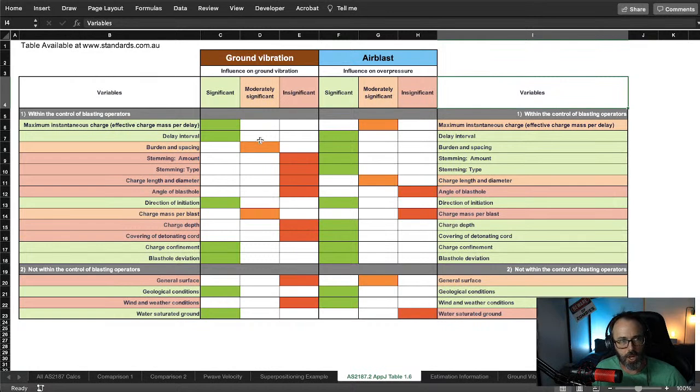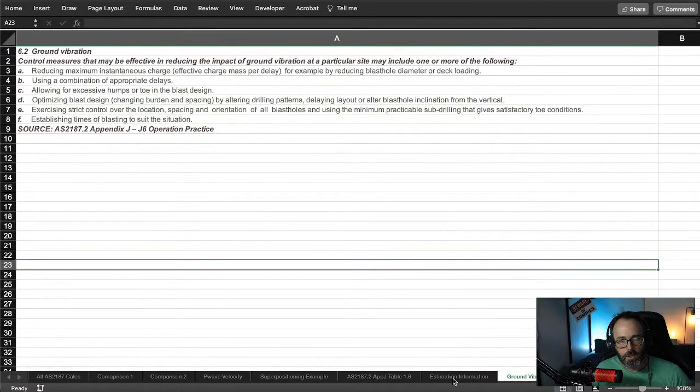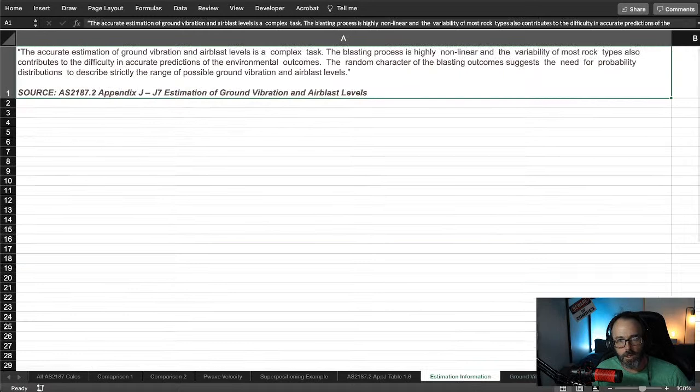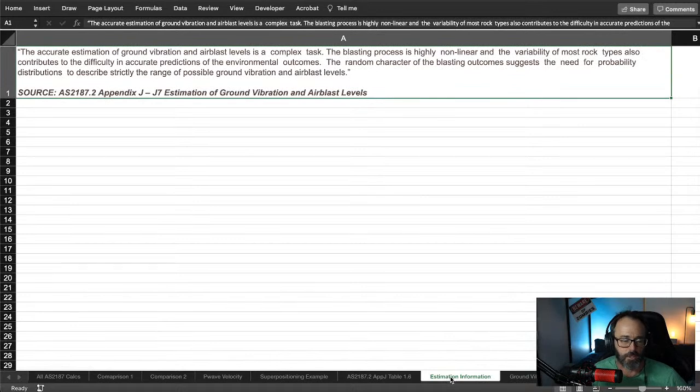We'll look at the AS2187.2 Appendix J ground vibration and air blast, but I'm just going to be talking about ground vibration. The reason we want to look at this chart is just to see what we can and can't impact, or what we have a lot of information over, and a little bit of control advice at the end here, and a bit of a blurb there, which I think is important to read out.